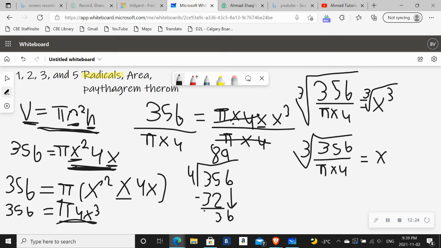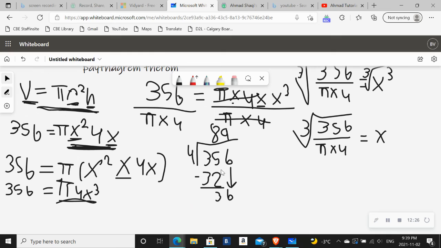And so 36 minus 36 is 0. So 0 remainder. That's good. So we'd have our cube root. Here we go again.